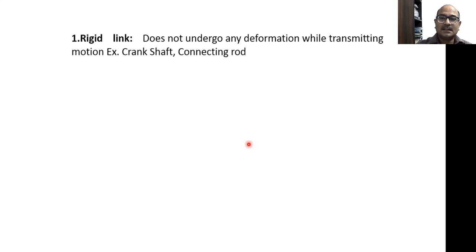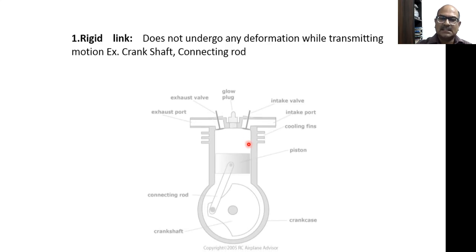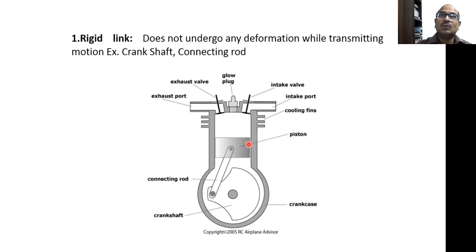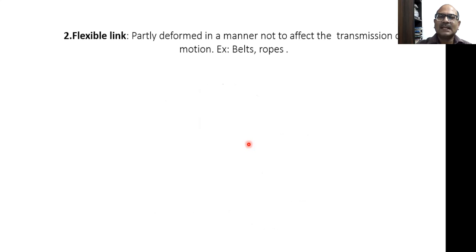You have to understand that if there is no deformation while you are providing the force, and motion is available after providing the force, then you can understand that the link is rigid. So you have to identify a few machines in your surroundings.